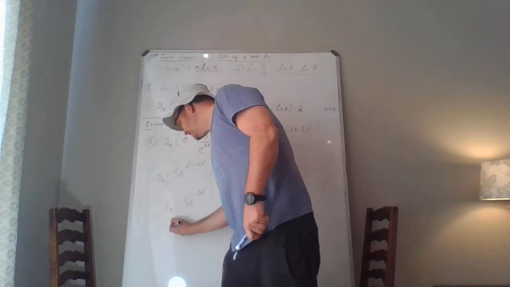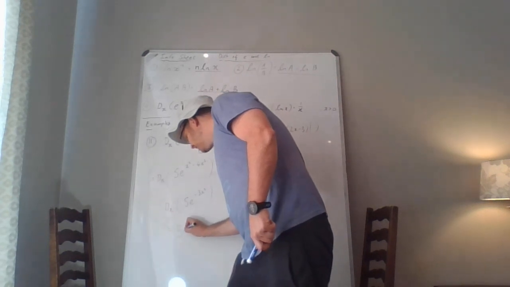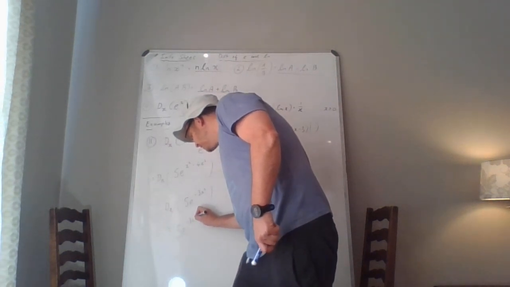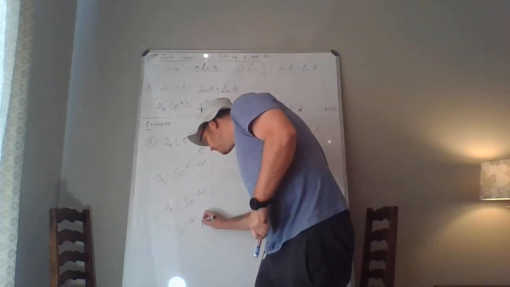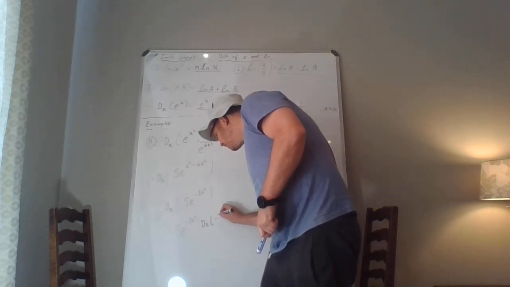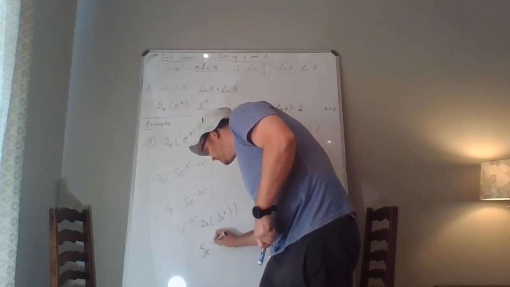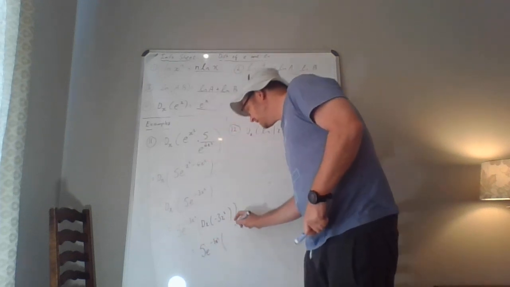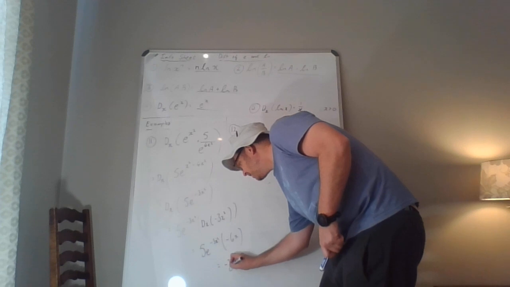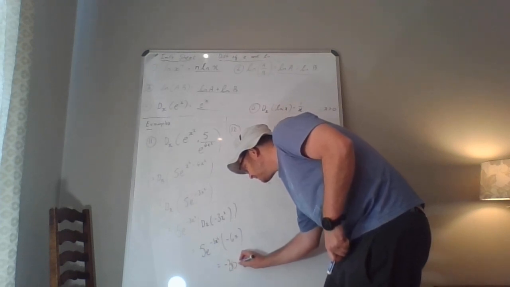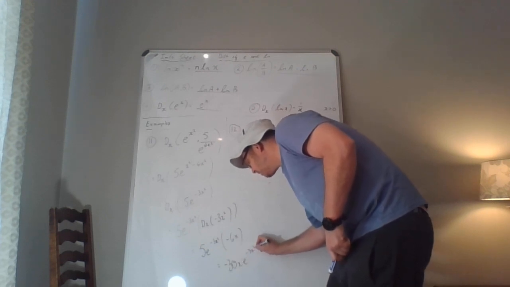Okay, and if I differentiate that, well, the constant just stays there, 5, and the derivative of e to the anything stays the same. So it's e^(−3x²) times, again, you can skip out the steps, the derivative of −3x², which gives you 5e^(−3x²), and the derivative of −3x² is −6x, and if we make it pretty, we get −30x e^(−3x²).